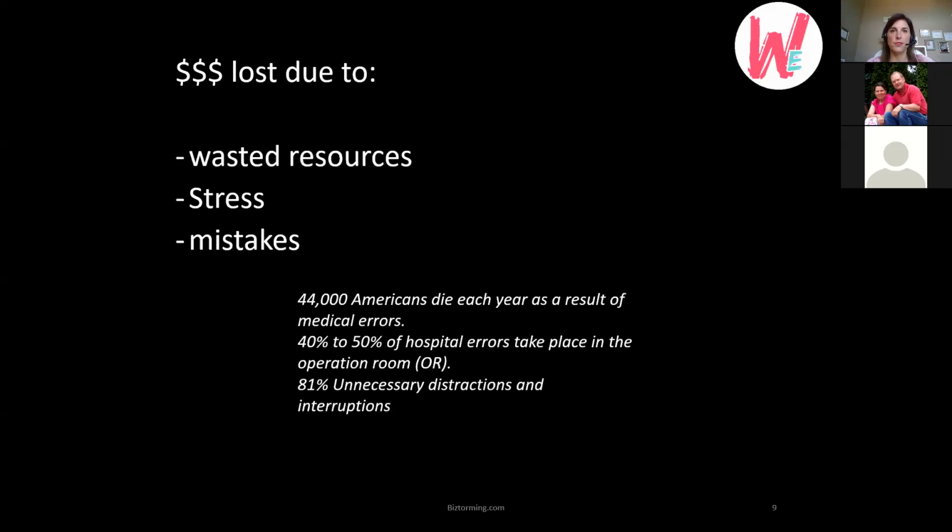And the other comment that we can discuss is that, yes, your manufacturing plant can also look like an operating room. It all depends on how you work.